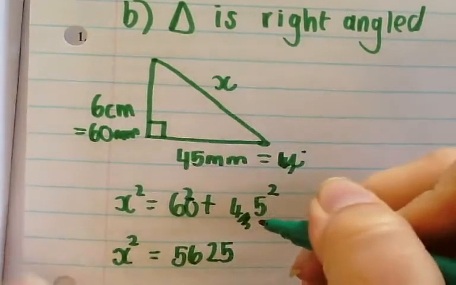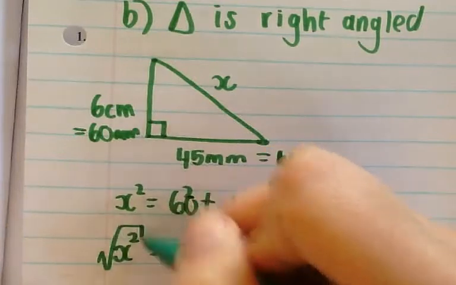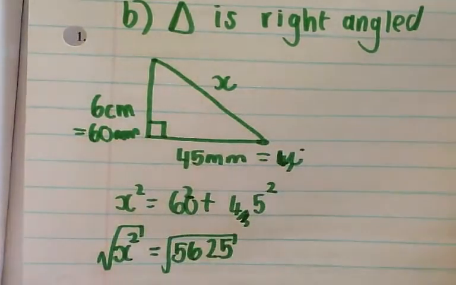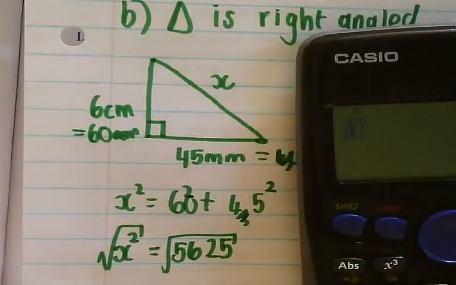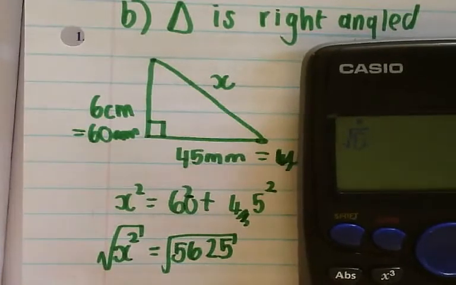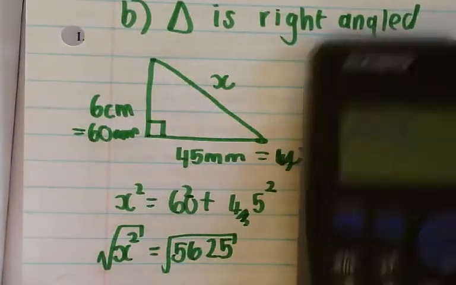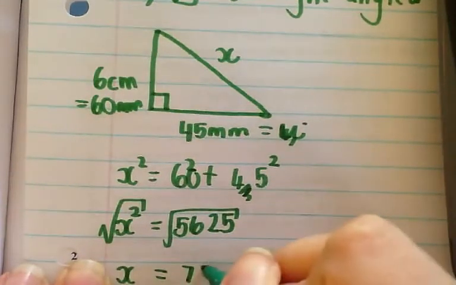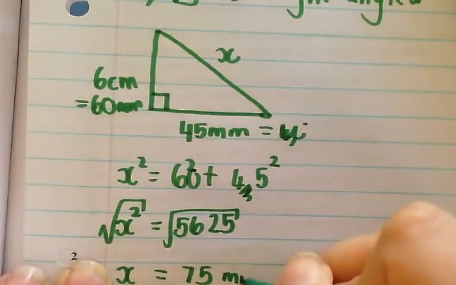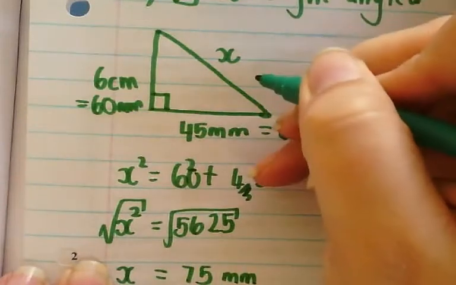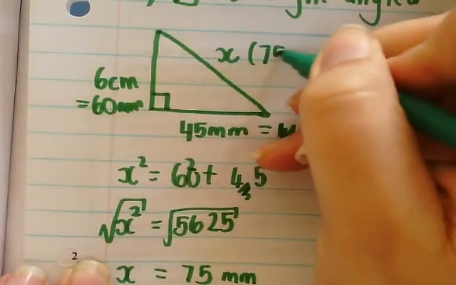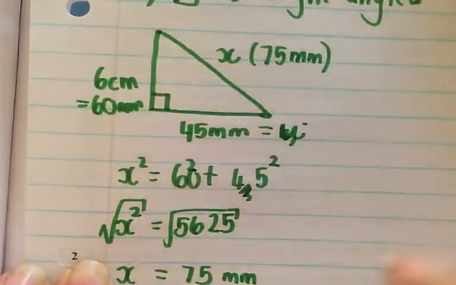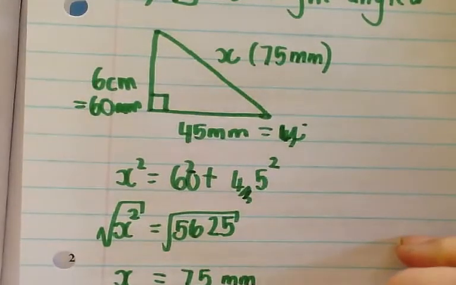But I don't want x squared, I need to square root. So I would square root 5625, giving me 75. And that's millimeters. So then this would be 75 millimeters. So now I can do my perimeter because I have all three sides.